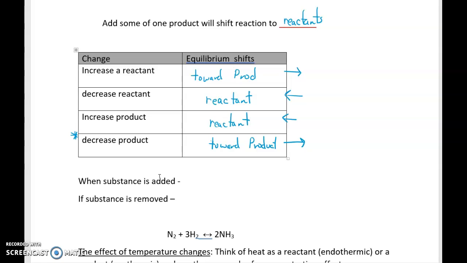So when a substance is added, the system will shift away.